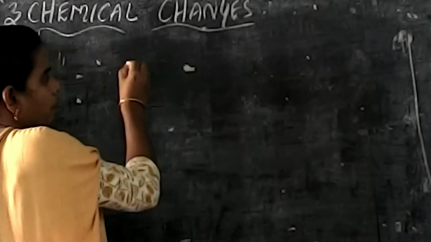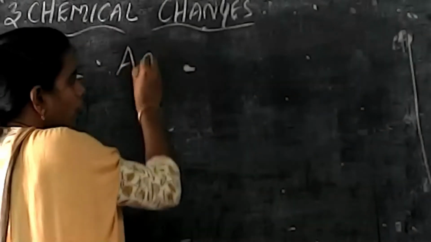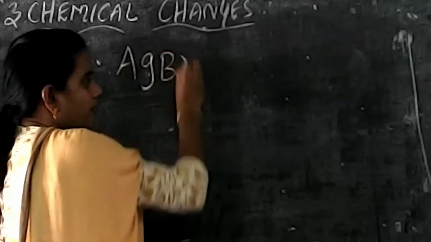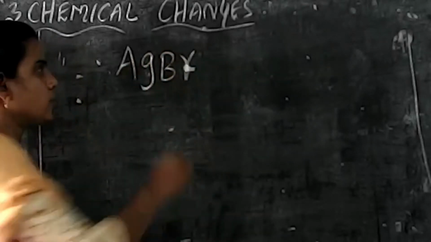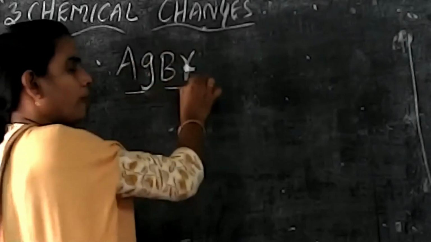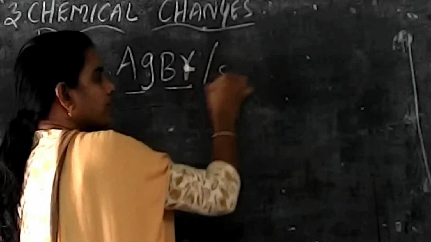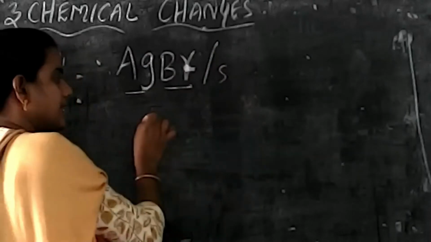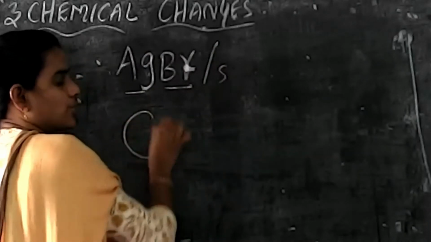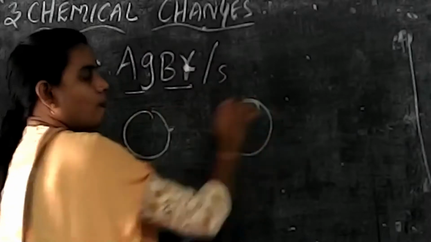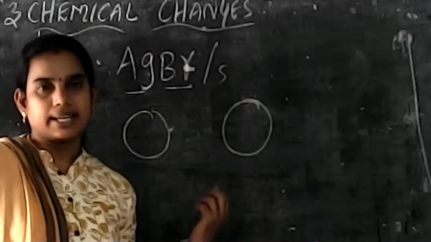Here we are taking silver bromide, AgBr. It is known as silver bromide. So silver bromide is a solution. We are going to take this solution in two watch glasses. Watch glass means a glass container.